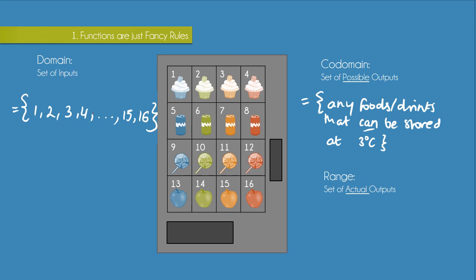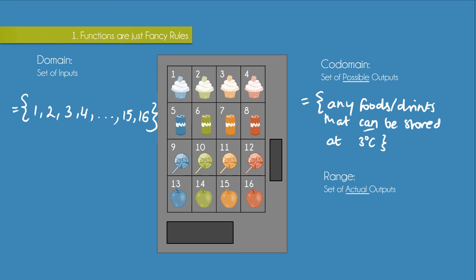That doesn't mean that I can get all of these outputs from my function. So it doesn't mean that I could get any food or drink in the world that can be stored at 3 degrees Celsius from this vending machine. Obviously, it depends on how it's stocked and what input values I'm putting in.